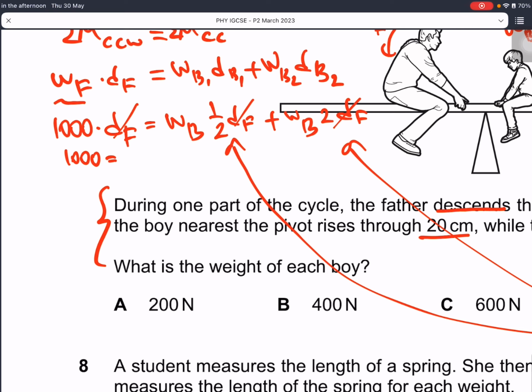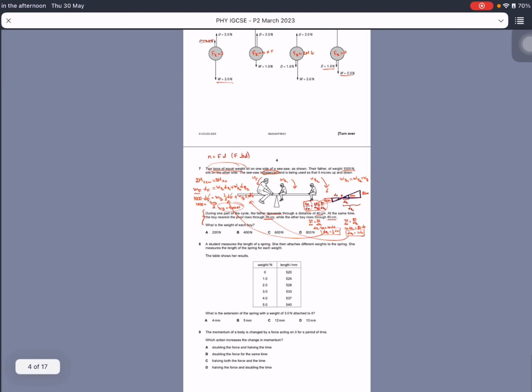Sum them up: 4 plus 1, 5 W_B over 2. So 1000 times 2 becomes 2000 over 5, which is 40. So W_B equals 40 newtons. Our answer is 40, so the answer is D.